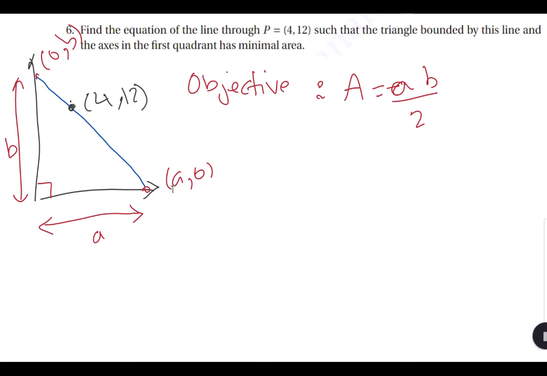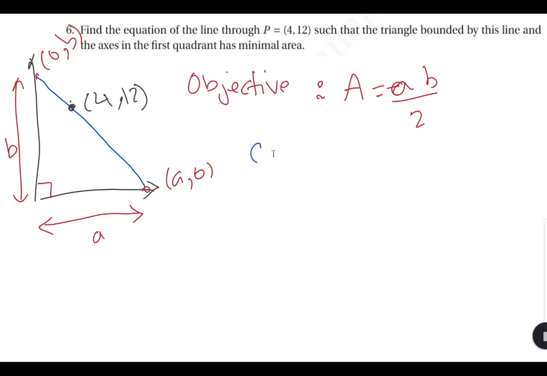So I have these variables (A, 0) and (0, B), and let's connect those through the slope. So how do I go about this? What I'm going to do is write the slope using this point and this point first.